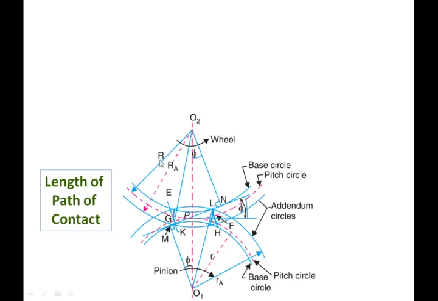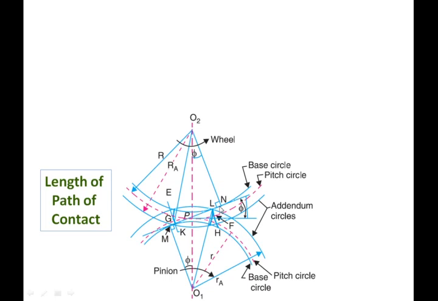Similarly, capital R and capital RA are the pitch circle radius and addendum circle radius for the wheel. The contact of these two gears starts at point K and ends at point N.